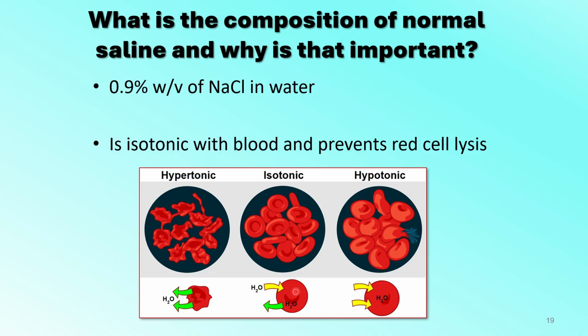They're going to lose water as fast as they gain it, and so there's no change. If we have too much solute, we lose water. This is crenation, the crenation response that we've been talking about. And if we have too much water but not enough solute outside the cell, then we get cell swelling, and in the case of red blood cells, rupture.